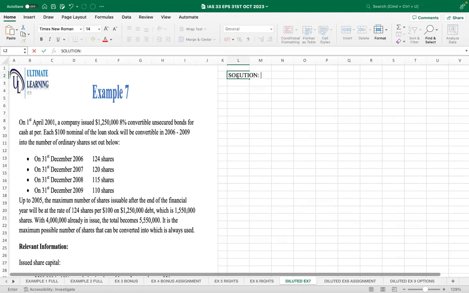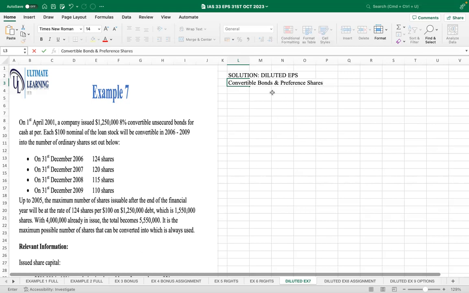So in our solution, remember our topic is diluted earnings per share, EPS. And here we are looking at how to account for convertible bonds and preference shares. The same way we convert the bonds is the same way we account for preference shares.